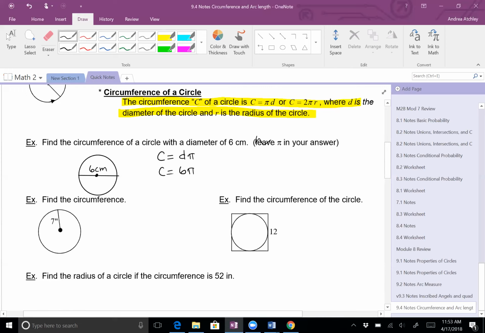We are not going to leave pi in our answer, so we all need to look at our calculators and find the pi button on our calculator. We don't plug in 3.14, we find the pi button. So everyone looks on your calculator and finds pi. Not yet.